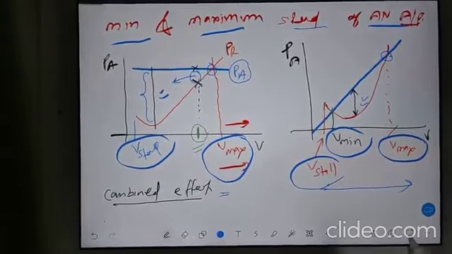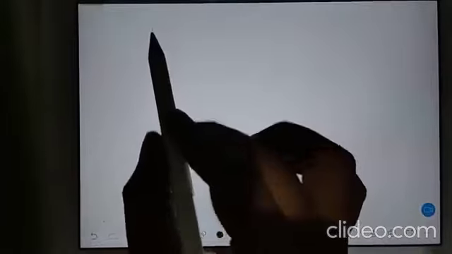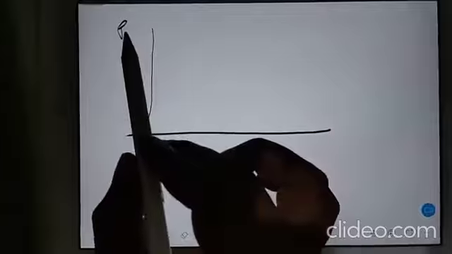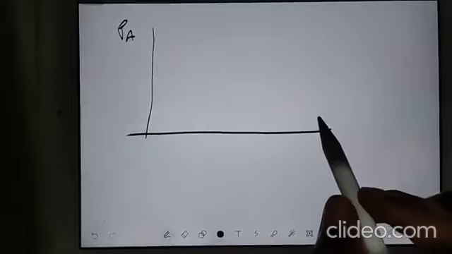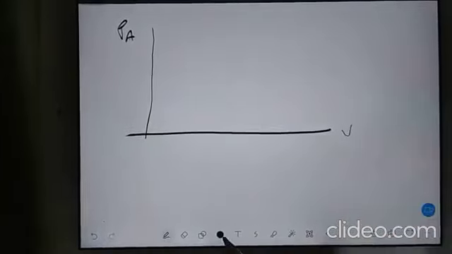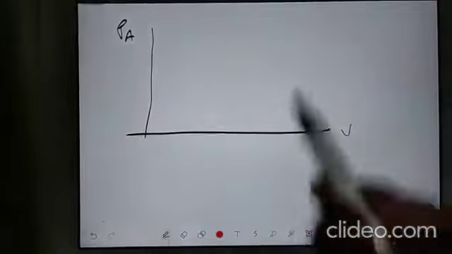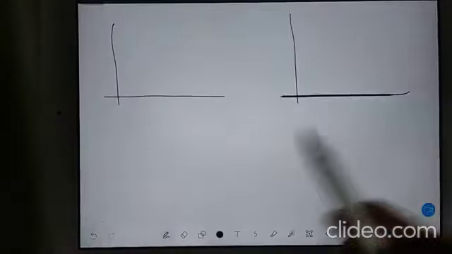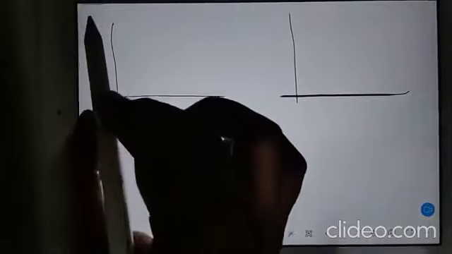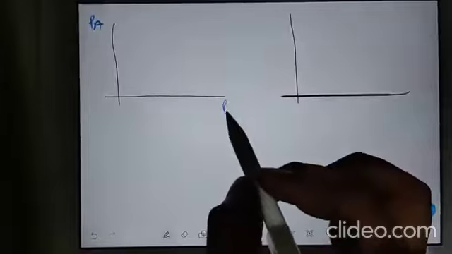I will change the page. See, here you have power and here you have velocity. First I will draw a small diagram so that both can fit. Under combined effect, you have to draw this. This is power available, this is power required.